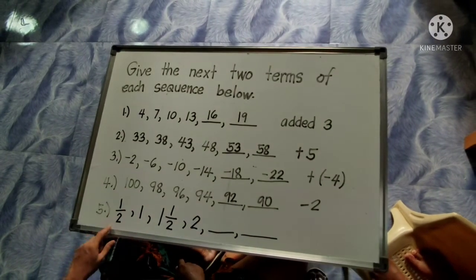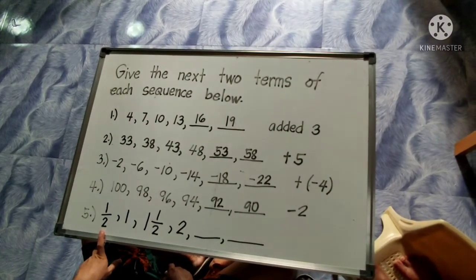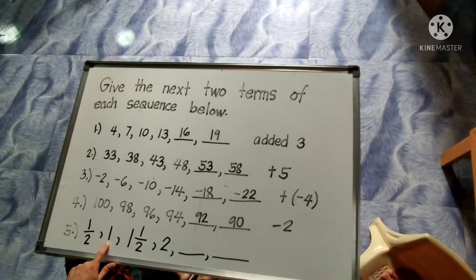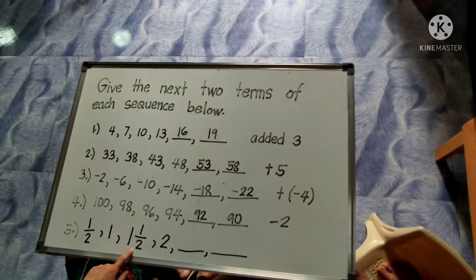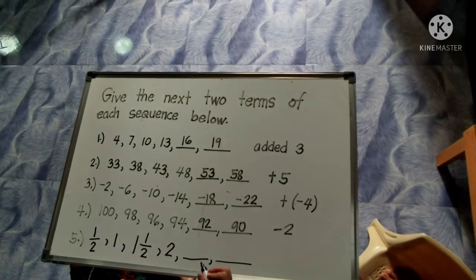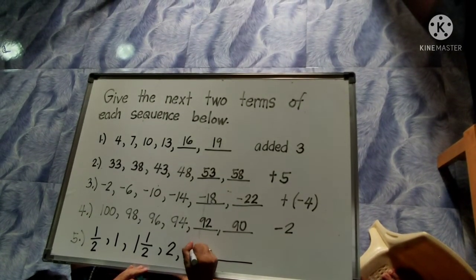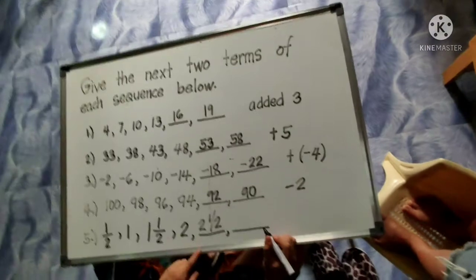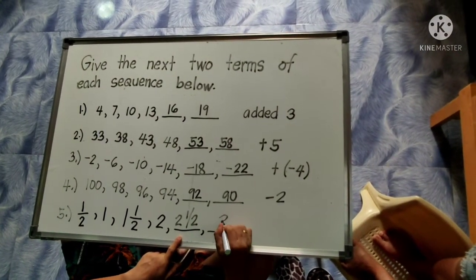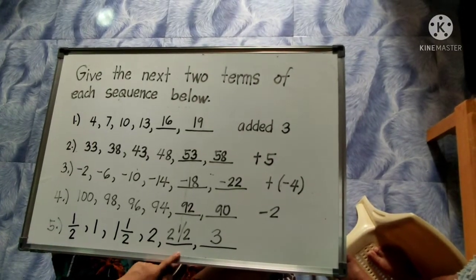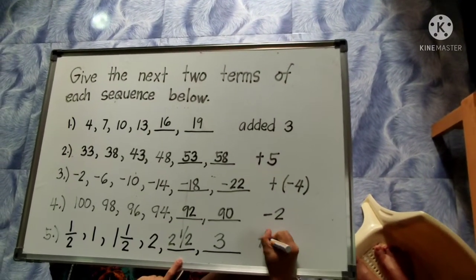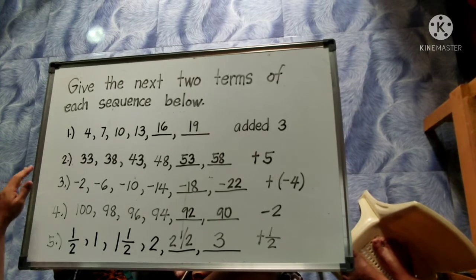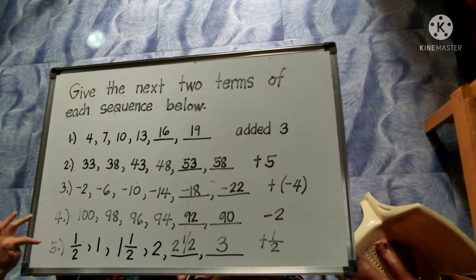So we could say that in number 5, we added 1/2 to the preceding term. 1/2 plus 1/2 becomes 1. 1 plus 1/2 is 1 and 1/2. 1 and 1/2 plus 1/2 is 2. 2 plus 1/2 is 2 and 1/2. 2 and 1/2 plus 1/2 is 3. Therefore, in number 5, we added 1/2.